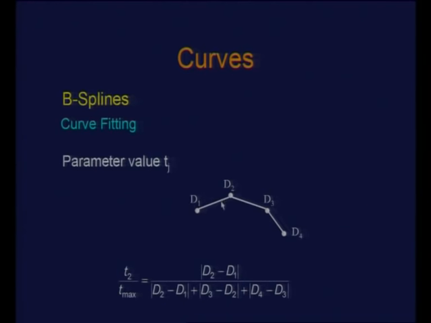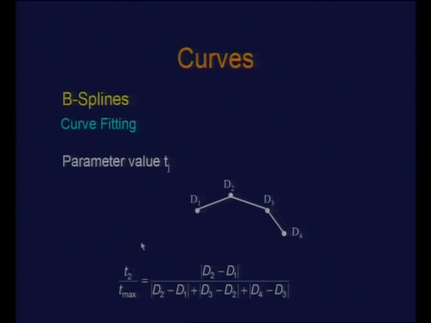We are considering a problem with 4 data points D 1, D 2, D 3, D 4. So, the ratio for t_2 is the chord length D 2 minus D 1 to the entire sum of the chords up to the last data point: chord lengths D 2 D 1, D 3 D 2 and D 4 D 3.